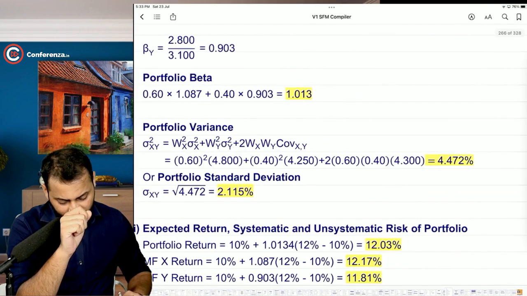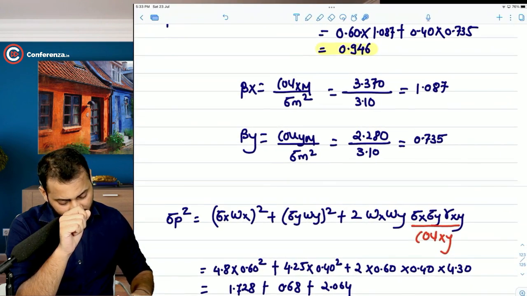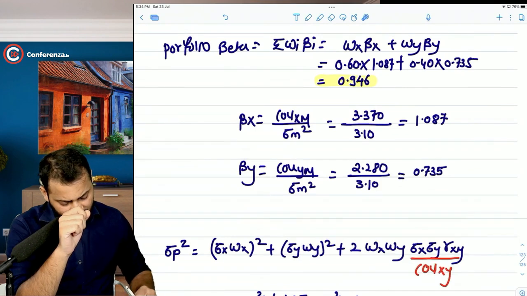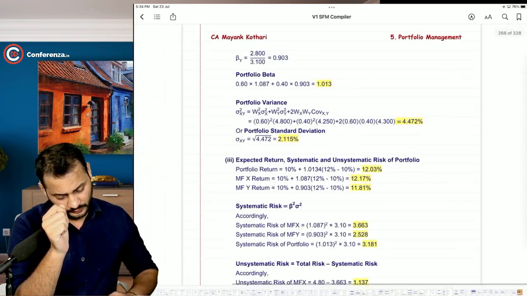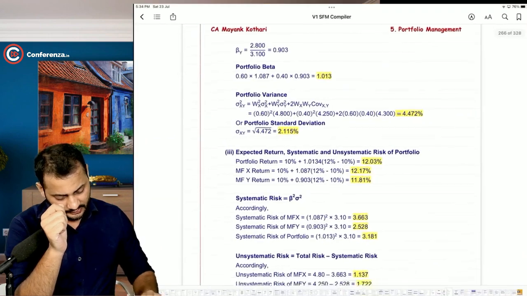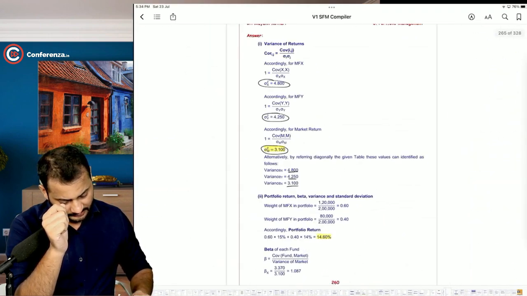In the calculation of beta Y. Let's just check that once again. Ym 2.280 divided by 3.1. It's 0.735. No. Let's find out the same in the table.